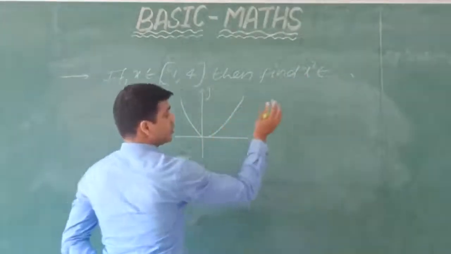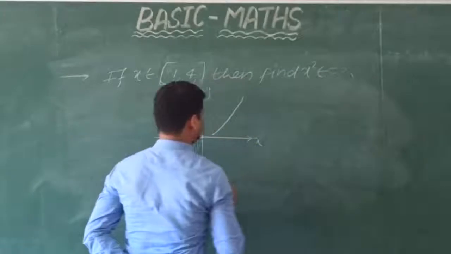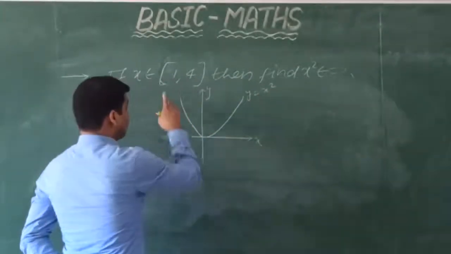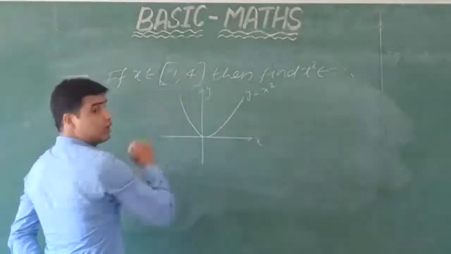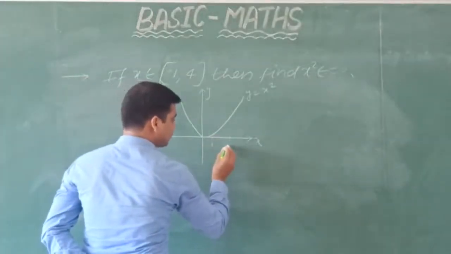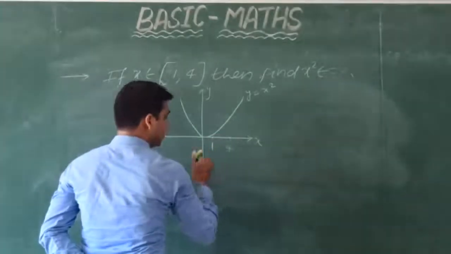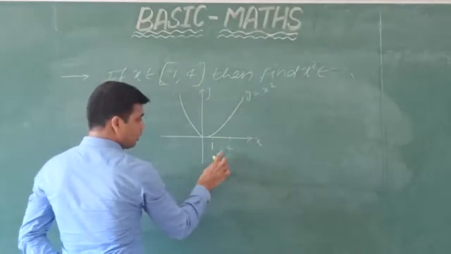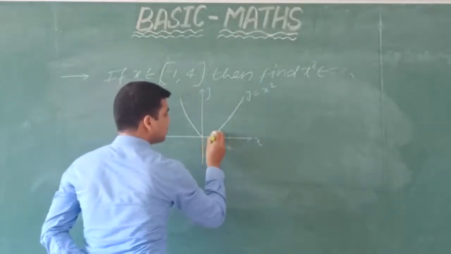Now see this, what is the range of x square? See this is the y equals to x square graph. Now here what is given? x belongs to 1 to 4, so this one is x equals to 1, this one is x equals to 4. See this here, this is the input, x value 1 or 4. So corresponding to this, what do we get here?